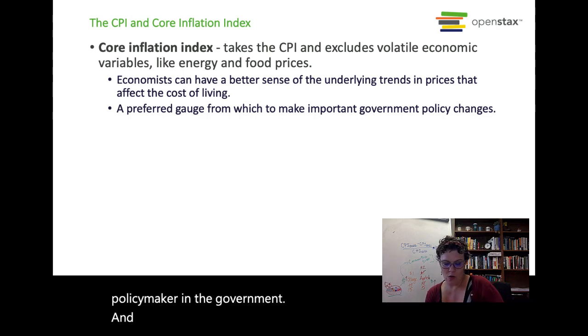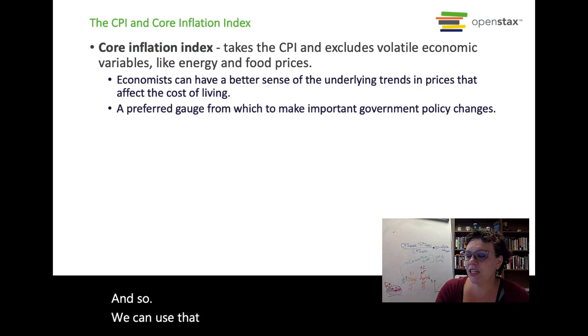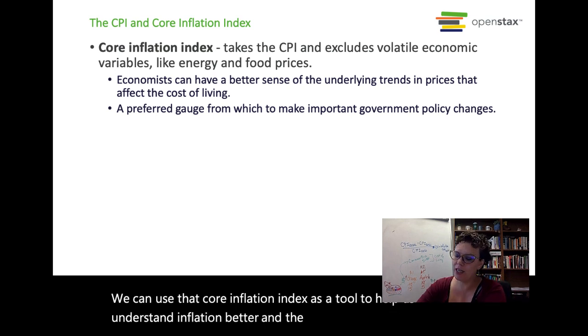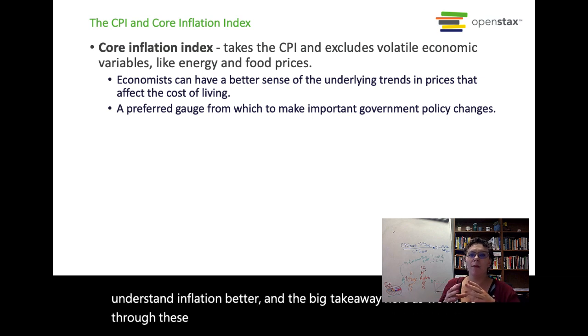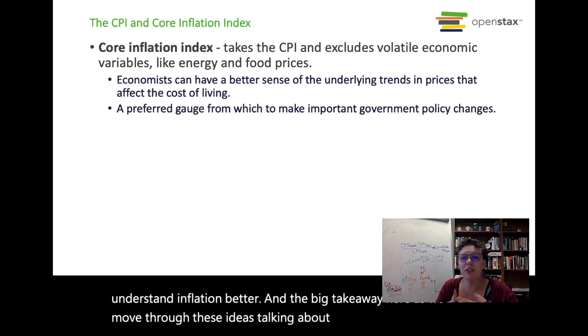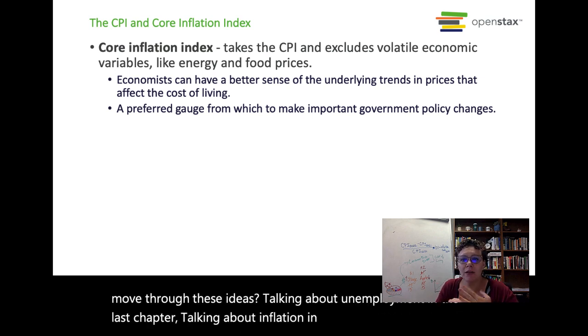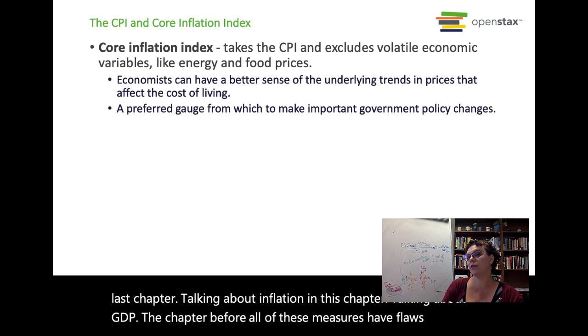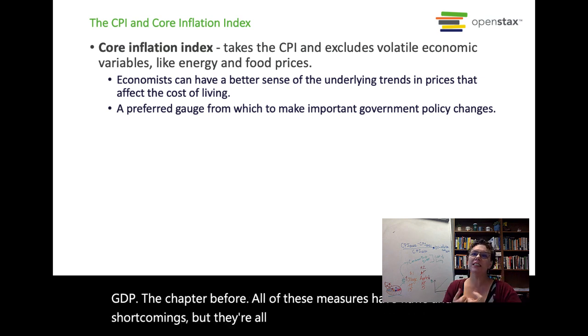And so we can use that core inflation index as a tool to help us understand inflation better. And the big takeaway here as we move through these ideas, talking about unemployment in the last chapter, talking about inflation in this chapter, talking about GDP the chapter before, all of these measures have flaws and shortcomings, but they're all also still useful tools to understanding the economy.